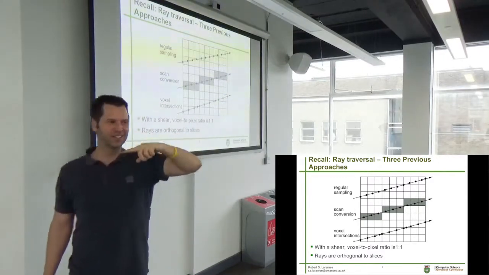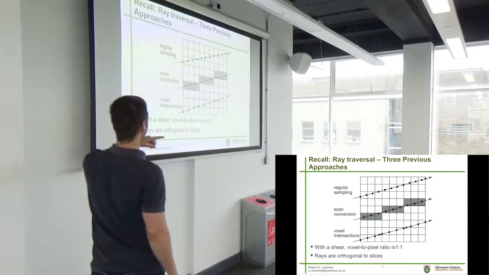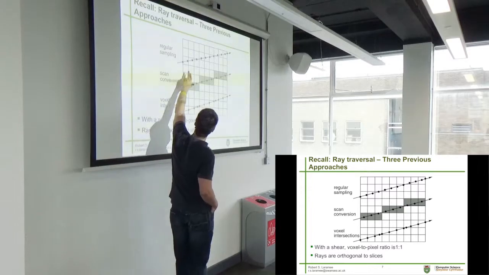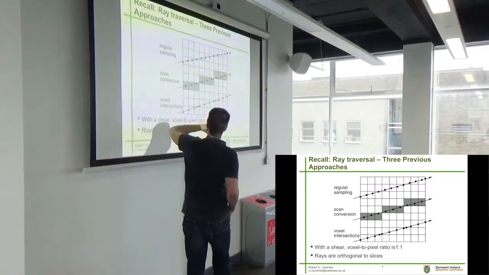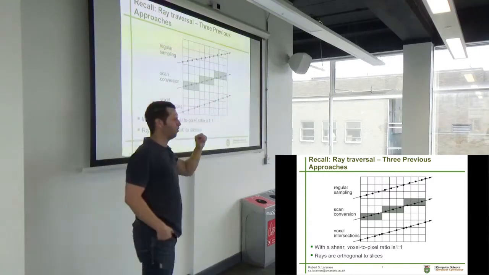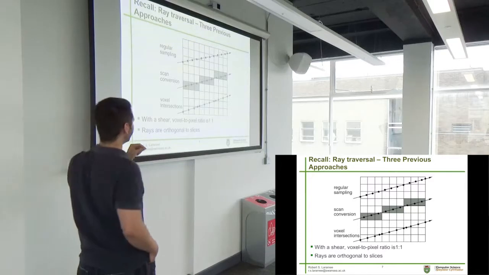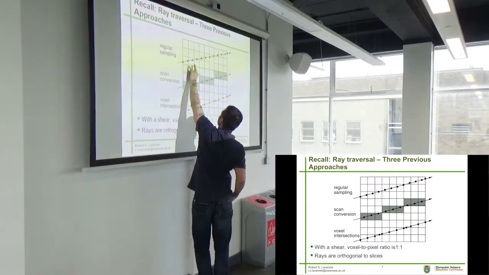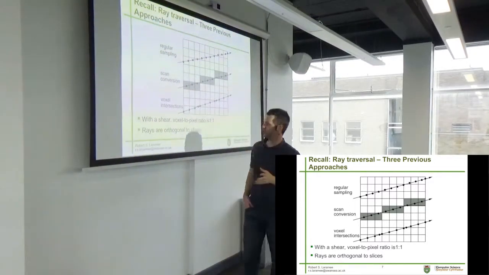So as a little refresher, in the original ray casting algorithm, these are rays that are cast into the volume data and that sample that volume data. And we talked a lot about these three different sampling techniques. This is regular sampling, so the distance between samples is uniform, it never changes.